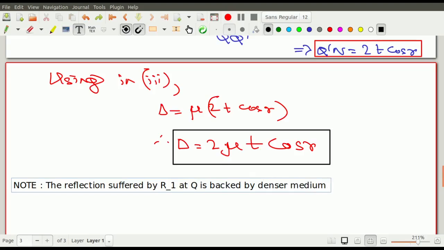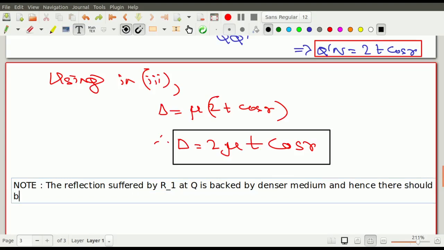The reflection suffered by R1 at Q is backed by denser medium, and hence there should be what? An inclusion of an extra phase pi, equivalent to pi এর equivalent path length কত? Equivalent to a path lambda by 2.